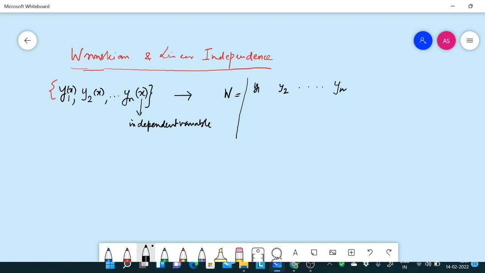The second row will be the first derivative of these functions. Similarly, the third row will be the second derivative of all the functions, and the last row will be the (n minus 1)th derivative of these functions.